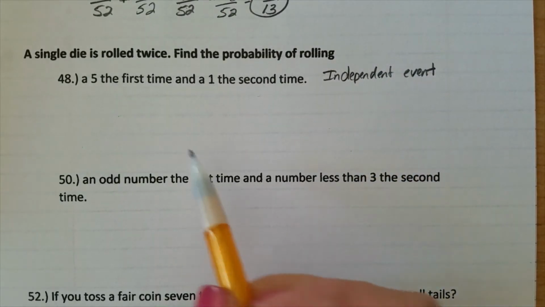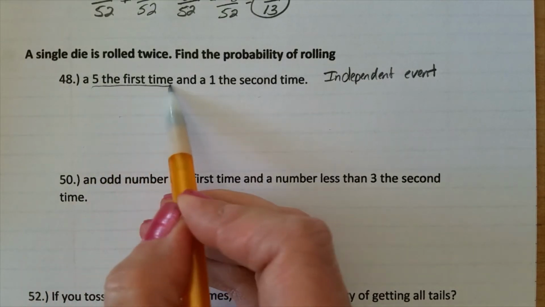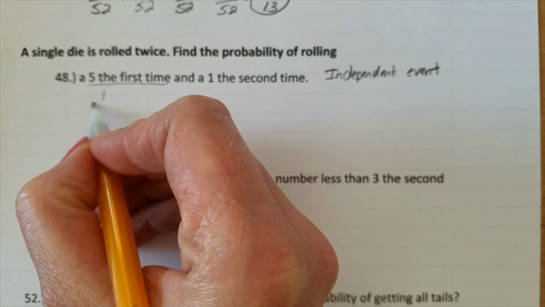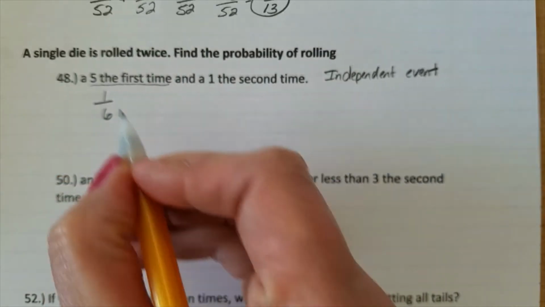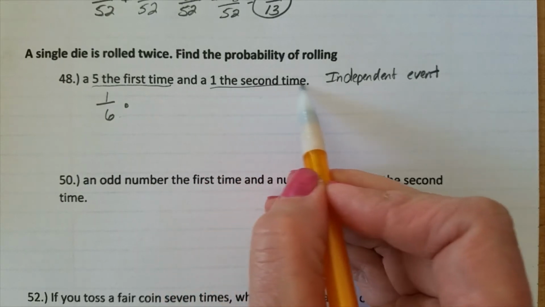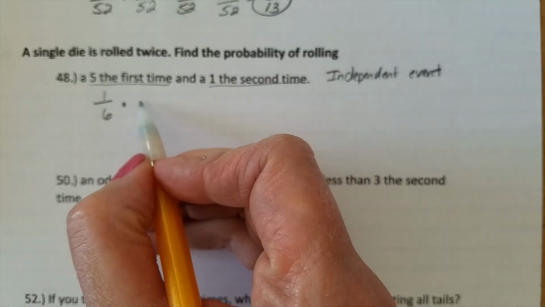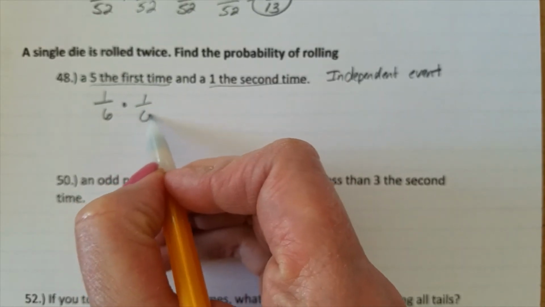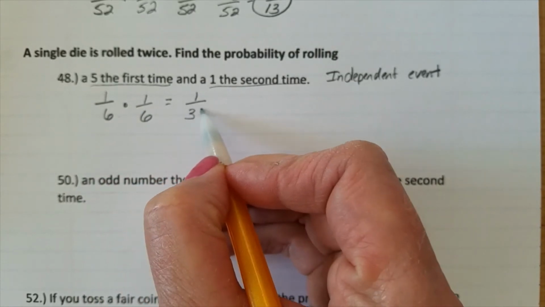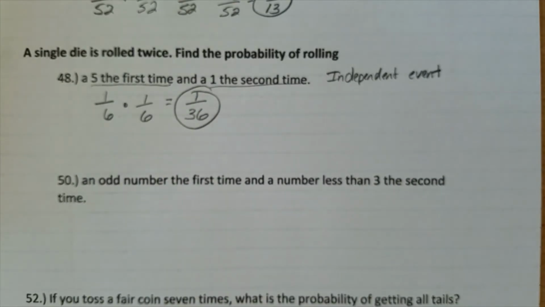So if we consider the first roll, a 5 the first time, well, there's only 1 out of 6 chances you're going to get a 5. Multiply it times the second event. 1 a second time. Well, again, that is going to be a 1 out of 6. This is your counting principle. It means your probability is 1 out of 36.